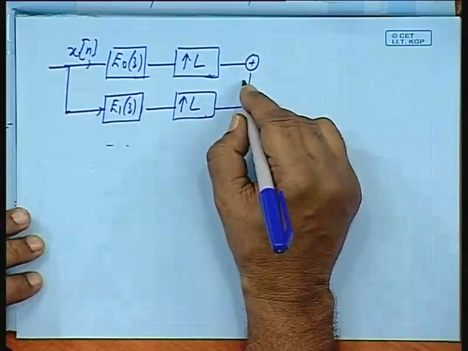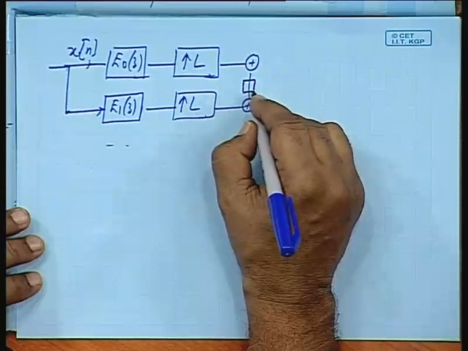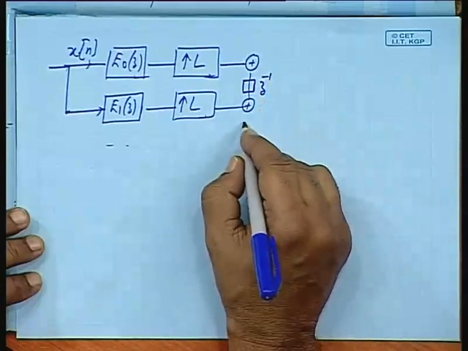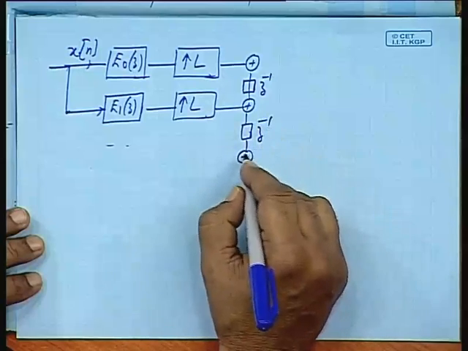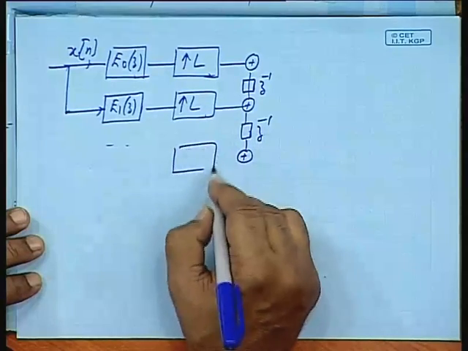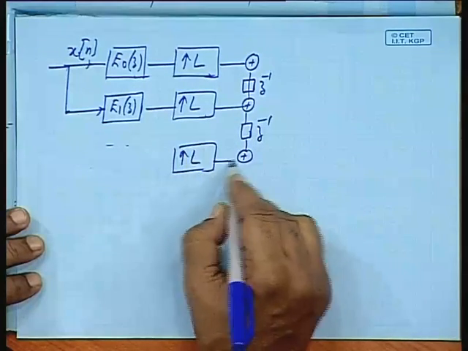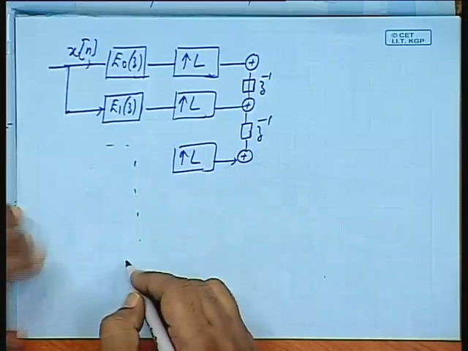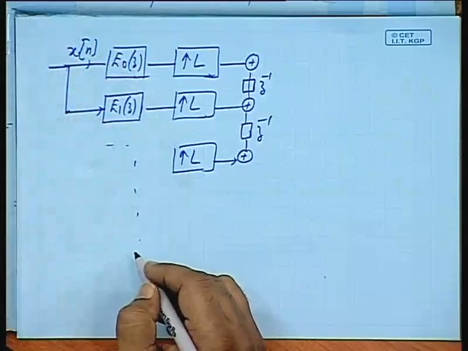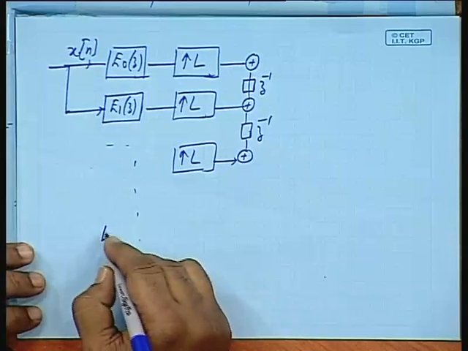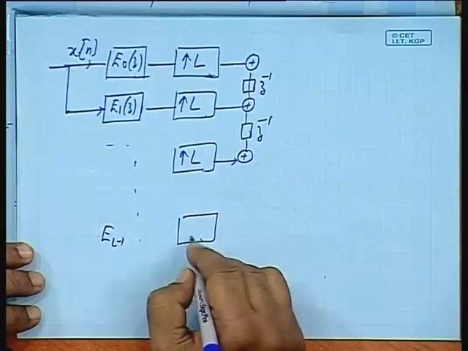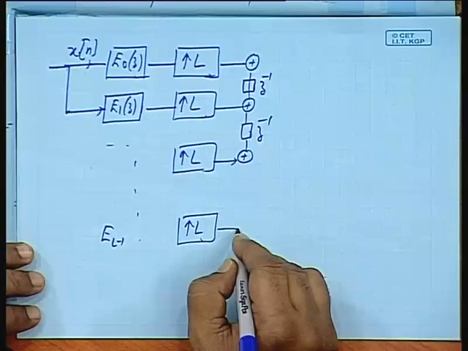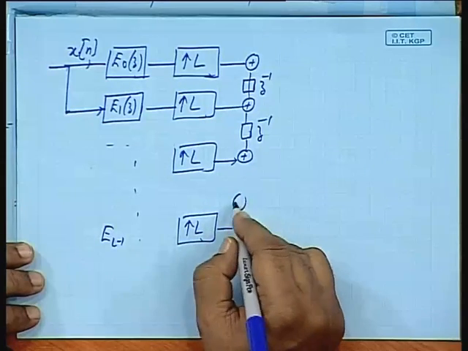And you put a Z inverse term here, a multiplier here, okay, and you have L such parallel blocks. Last one will be EL minus 1 L, and this will be the output.